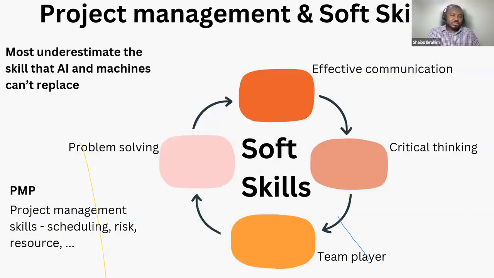Okay. The next one is to look at skills in project management or even soft skills. Most people, I always say, underestimate this important skill. And with the growth of AI now, it will get to a time when the skills that we used to do, machines can do, because AI is just getting data on how human beings behave, how we do things, and then you are trying to model that behavior and allow machines to actually take decisions.